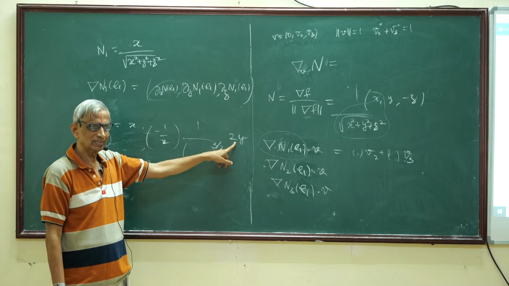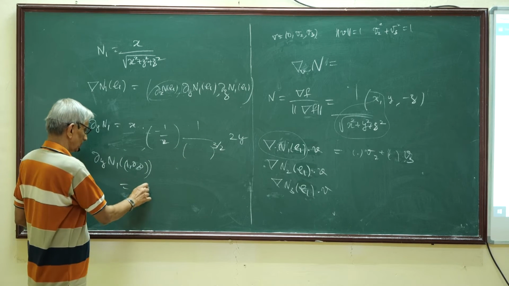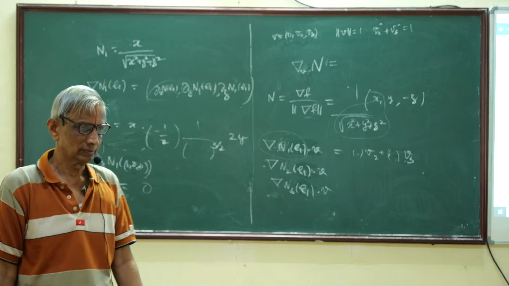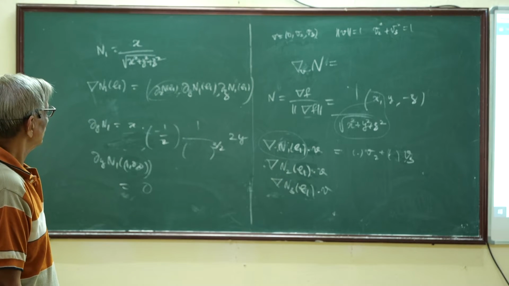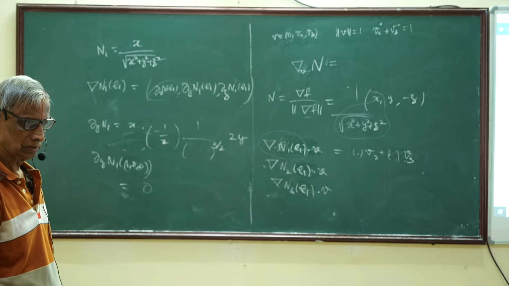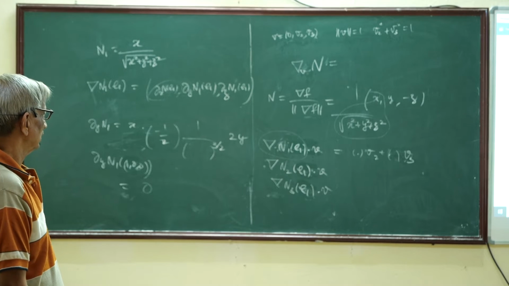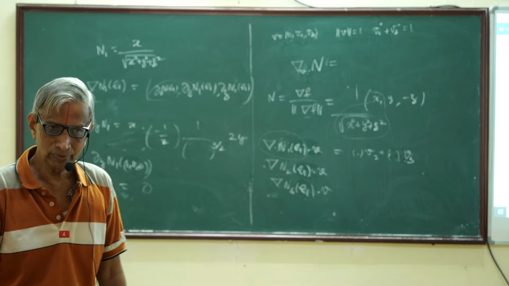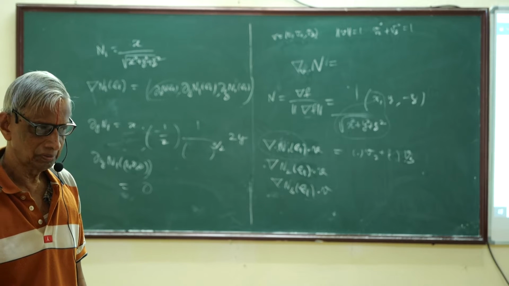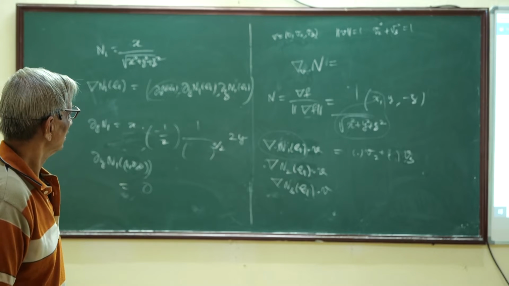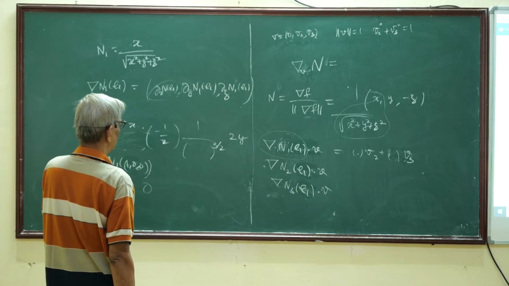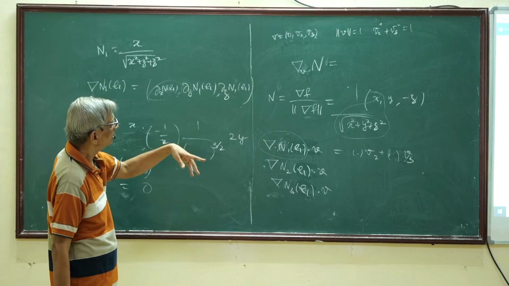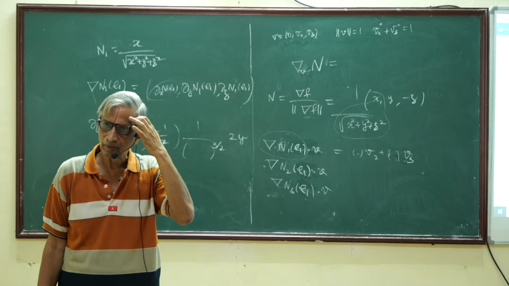Y is there, so 0. What about the other one? That's also going to be 0? There will be z with a minus sign or something. Yeah, minus sign. Okay.